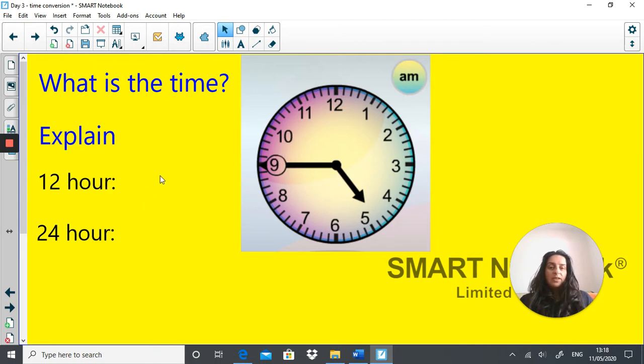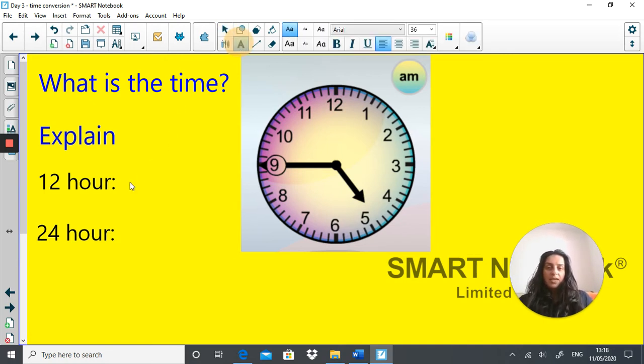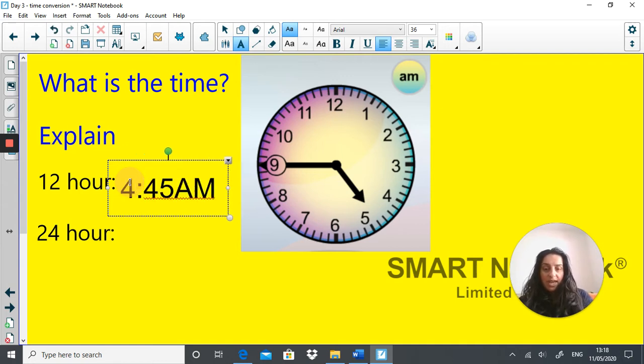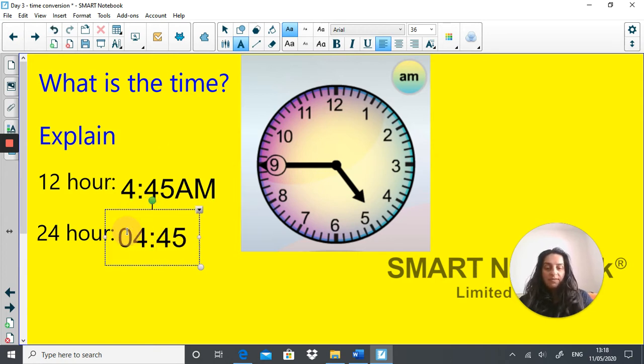Now, in the 12-hour version, this AM, it would be 4:45 AM. In the 24-hour version, it would be 04:45. Don't write AM or PM because you've got the 04, which indicates that it's 4 in the morning.